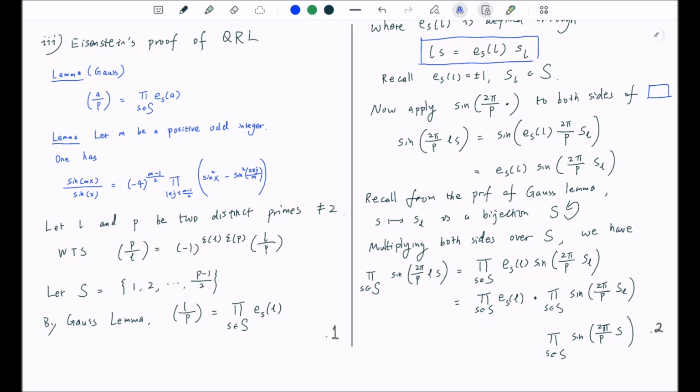The first part, by the Gauss lemma, is just the Legendre symbol of l modulo p.